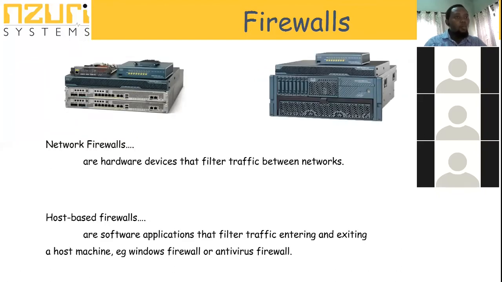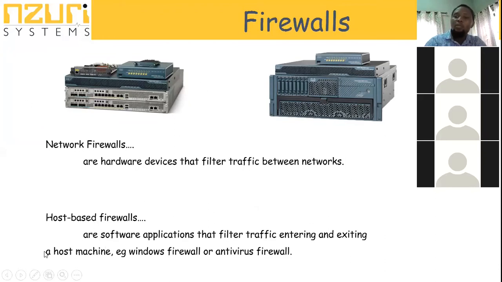Good. So if we look at our firewalls in general, we have two main types, because for most of us this is the first time hearing firewall. Those who have PCs realize that sometimes even on your PC you see Windows firewall and stuff like that. Where do we put these kinds of things? So we have network firewalls. Network firewalls tend to be hardware devices, like you see up there, which can be placed inside your network to filter traffic.